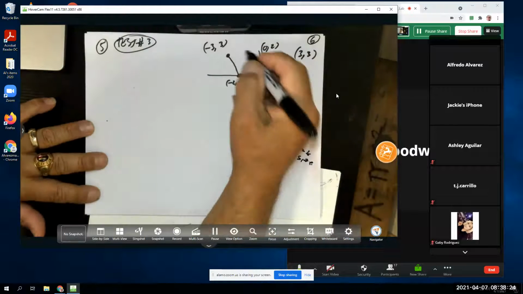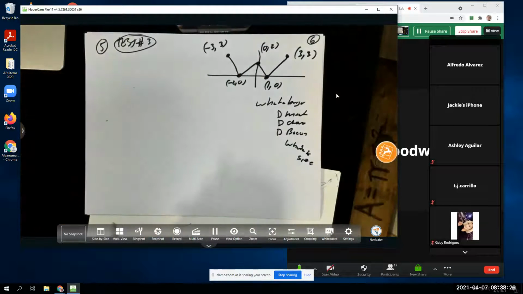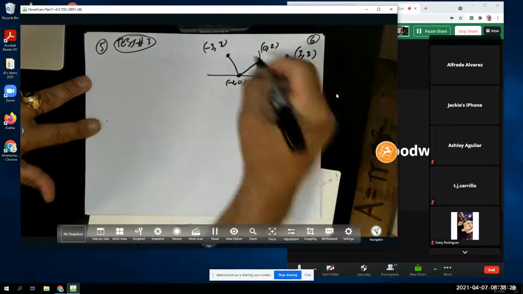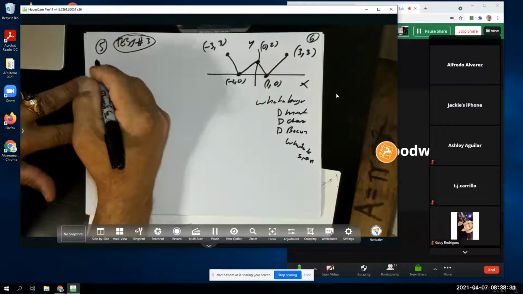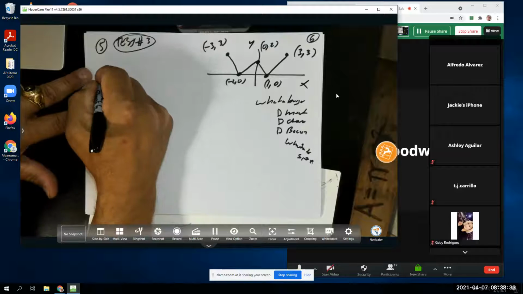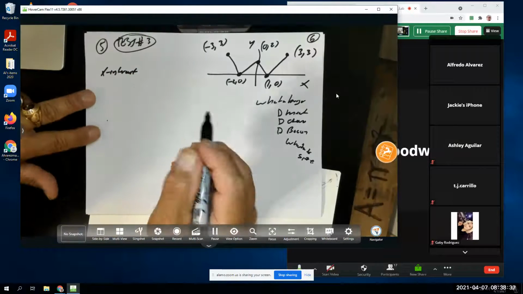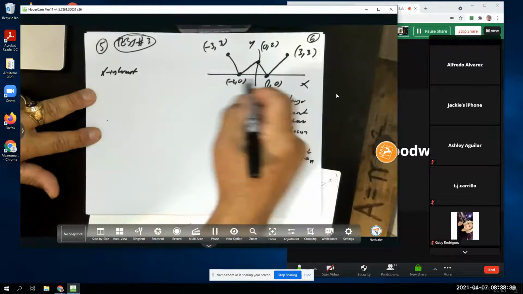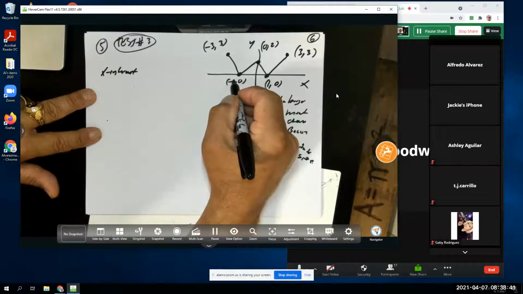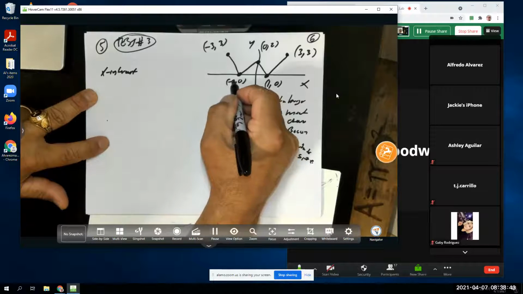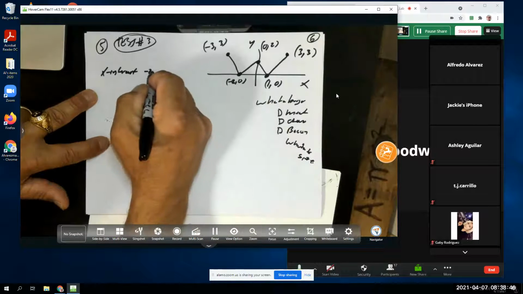So now, the question they're going to ask you 4 different things. They're going to say, this is the X, this is the Y. First question they ask, it says, what are the X intercepts? When does this line cross the X line? See the X line here in the bottom? It looks like it crosses at negative 2 and 0. Is that one of the answers, do you think?